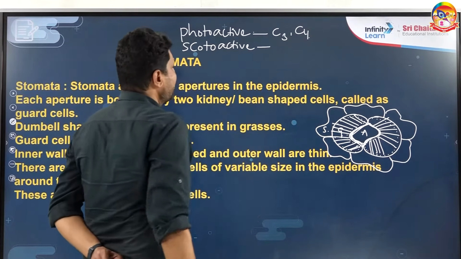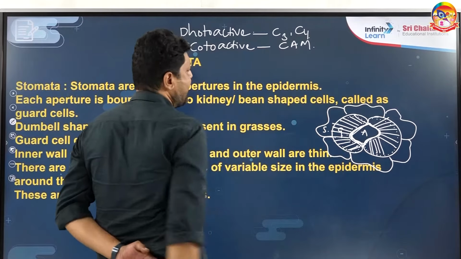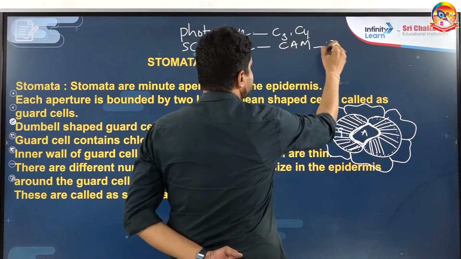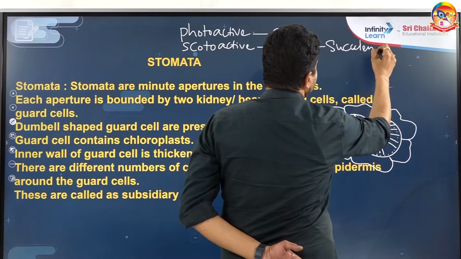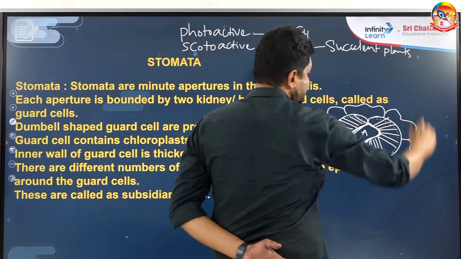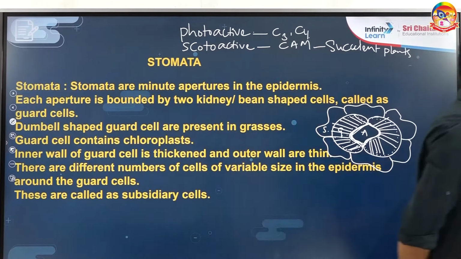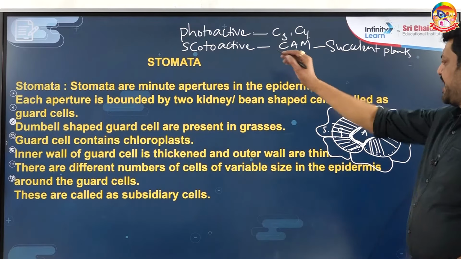Scotoactive stomata, nighttime opening stomata, are seen in CAM plants. What do you call them? Succulent plants. Succulent plants means fleshy plants like aloe vera, bryophyllum, portulaca. Many plants whose leaves are very fleshy, such kind of plants.